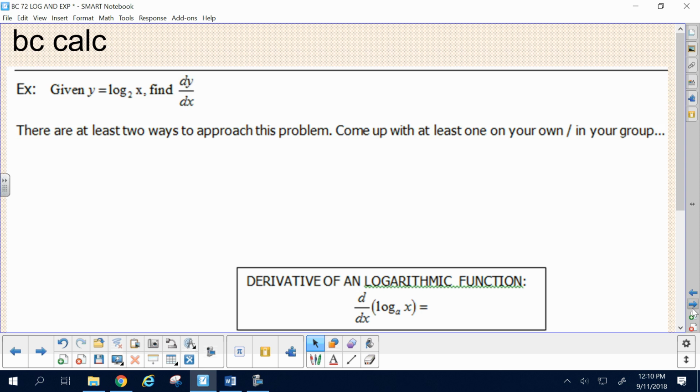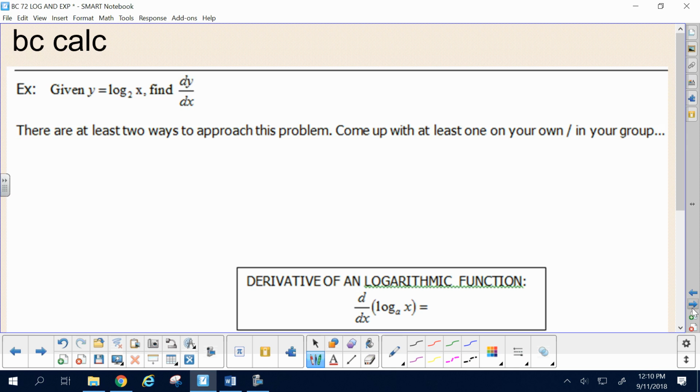x equals 2 to the y, maybe? Yeah, that just doesn't make sense. I mean, it's just exponential.